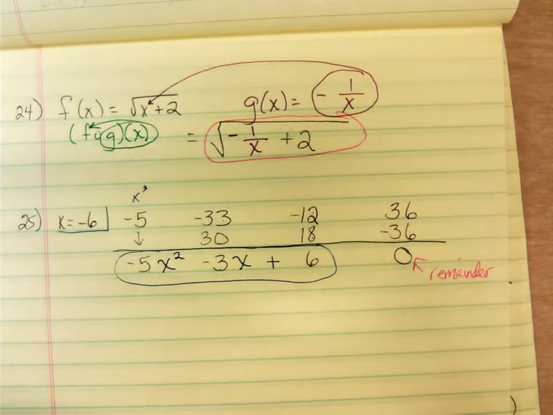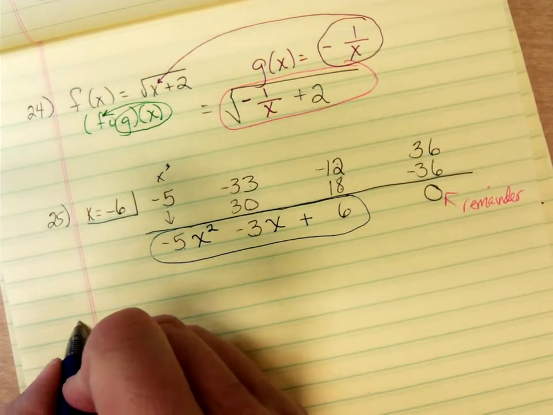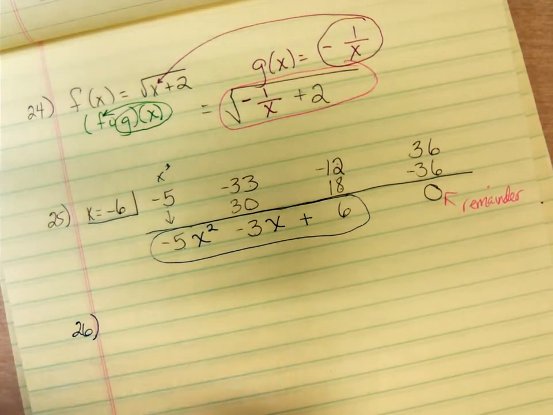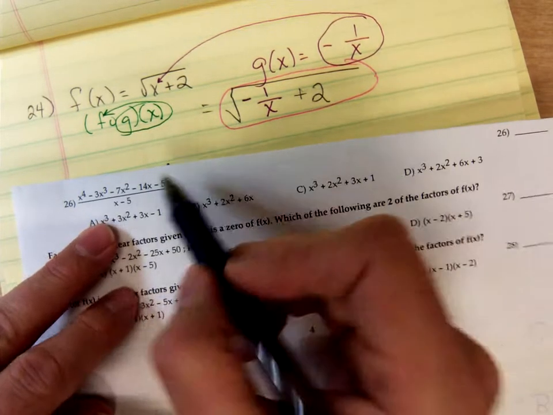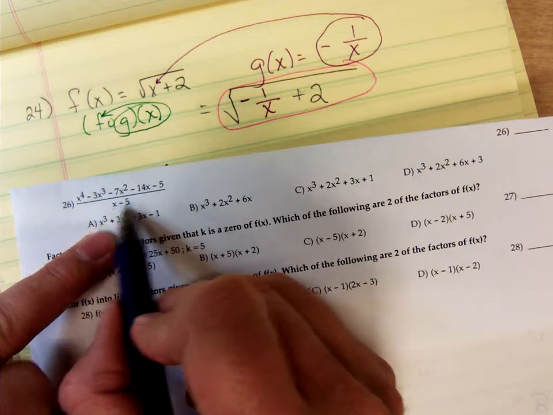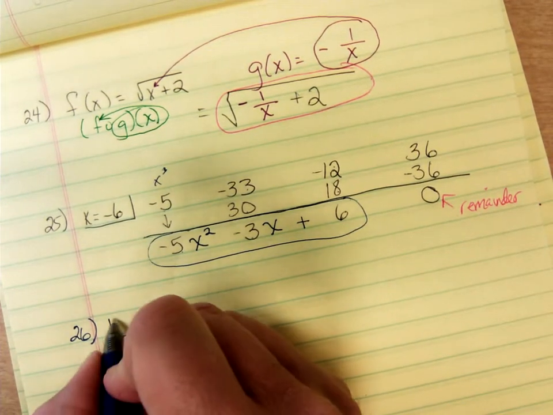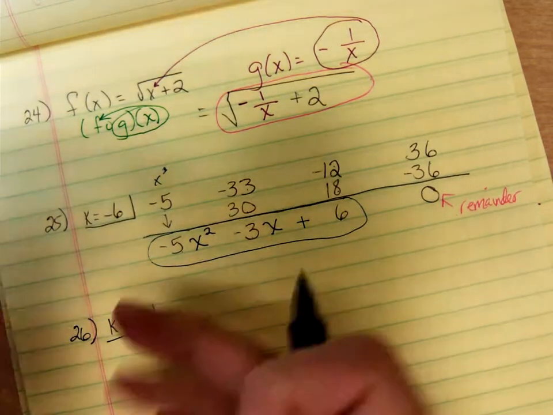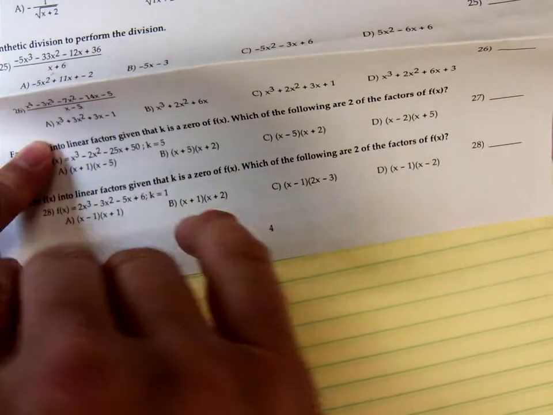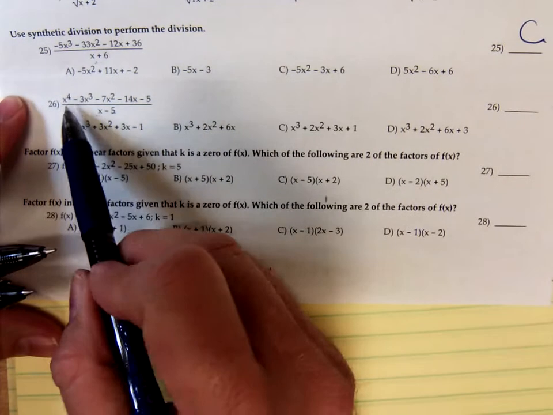Number 26. It's another synthetic division problem. This time k would be a positive 5. Now I'm going to write out the coefficients.